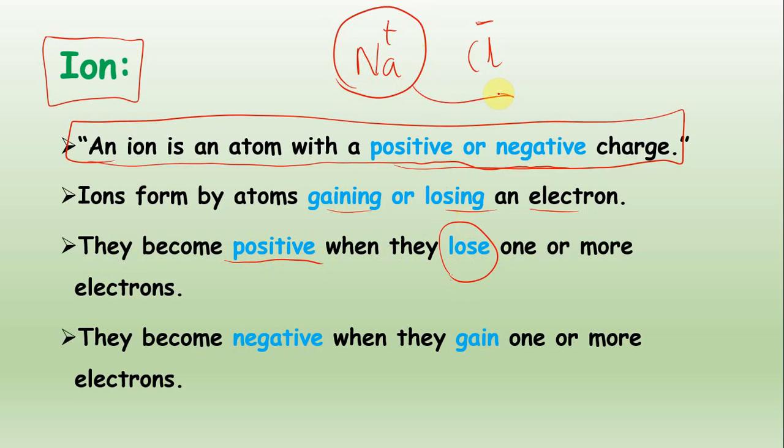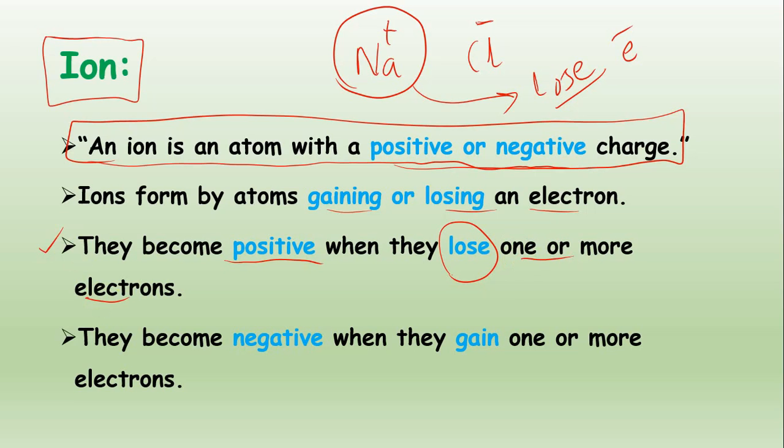So positively charged ions lose electrons, right? And why do they lose electrons? As I told you initially, they want to complete their octet or duplet, 8 electrons or 2 electrons, so they lose 1 or 2 electrons. So this is how they form a positive ion, by losing electrons.